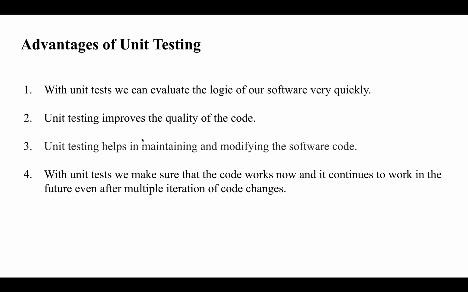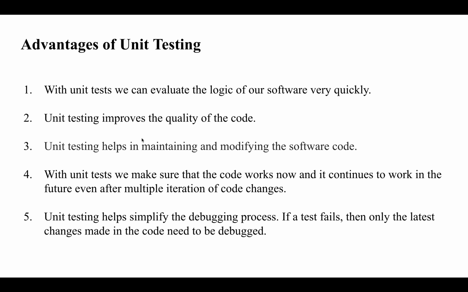Nowadays we follow agile practices wherein our code goes through multiple iterations, and we have to make sure that the code works even after those n number of iterations. So if we have a unit testing framework implemented and I'm changing the code, I don't have to worry about breaking the legacy code or the code that was working before. If my unit test cases are passing, that code will also work.